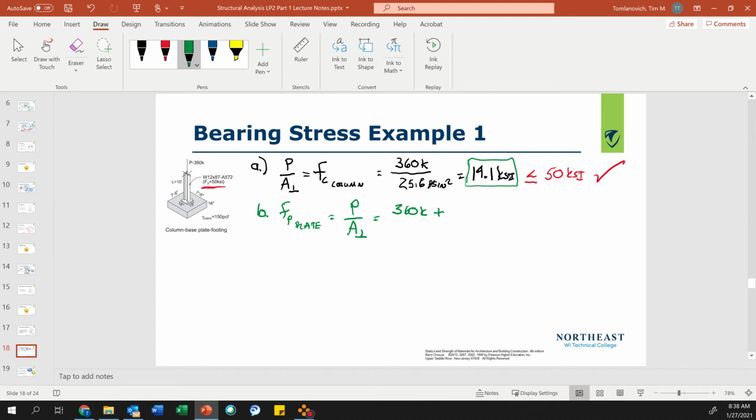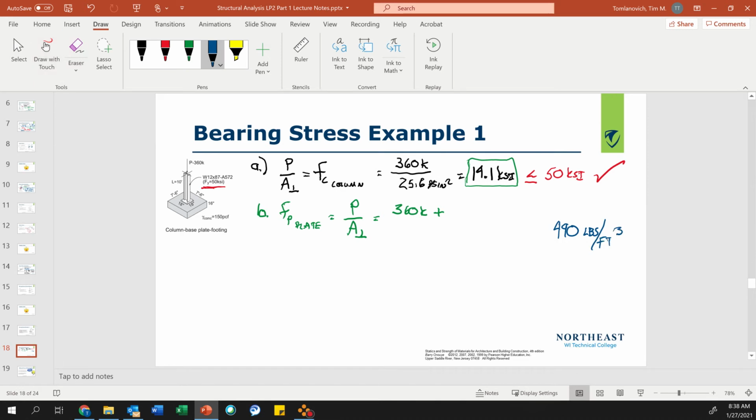Okay, so I'm going to do this off to the side here. So I know steel weighs 490 pounds per cubic foot. But I need it in pounds, right? So pounds per cubic foot.